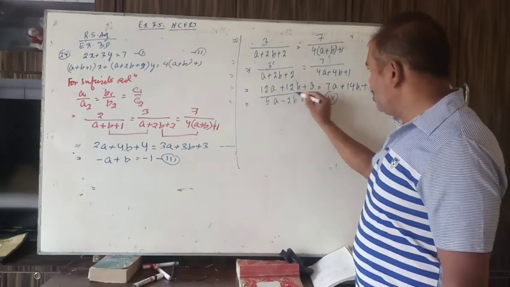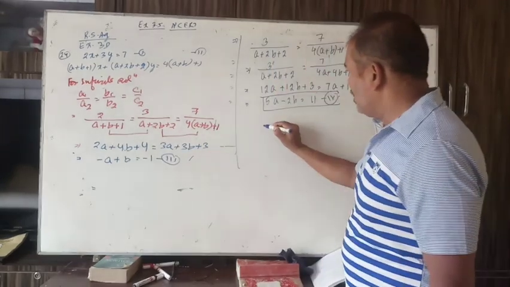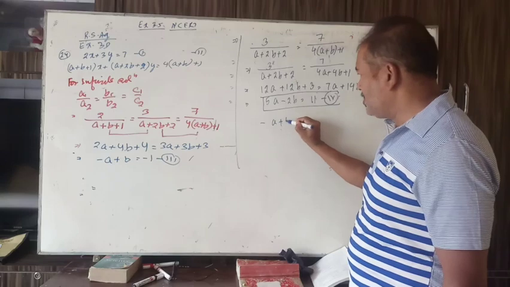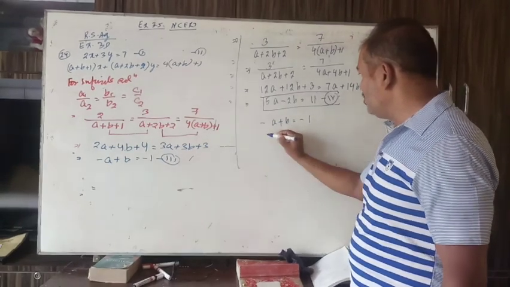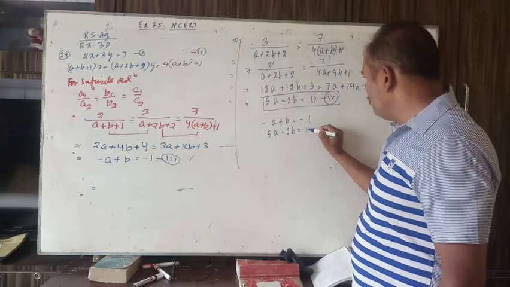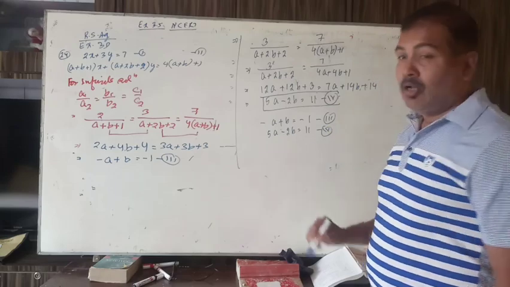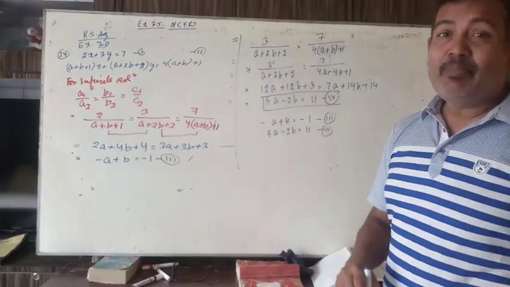Now from equation number 4 and equation number 3, we will solve this one. Minus a plus b is equal to minus 1, and 5a minus 2b is equal to 11. Equation number 3 and equation number 4. We will follow the elimination method.